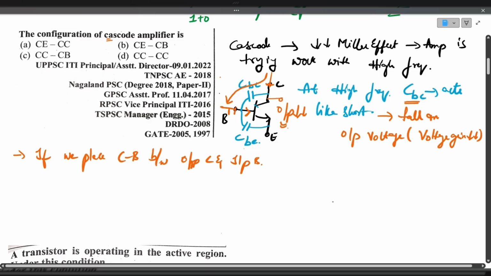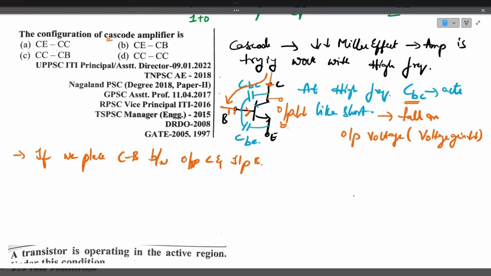If you see, the diagram is like this. This is the common emitter. This is the common base.